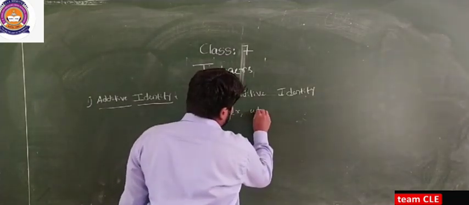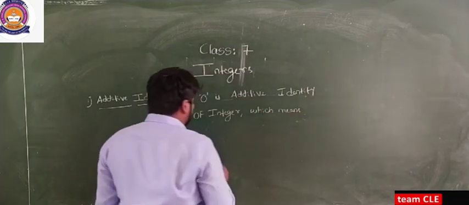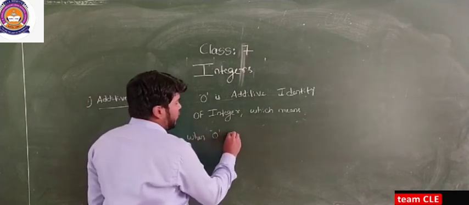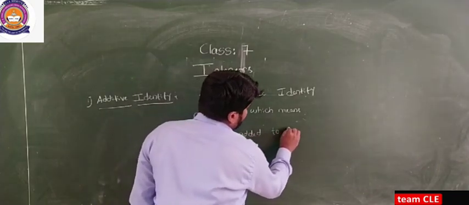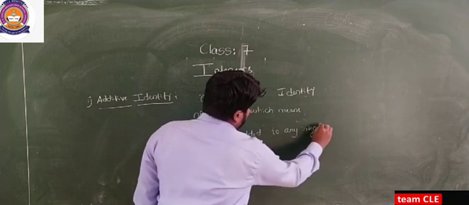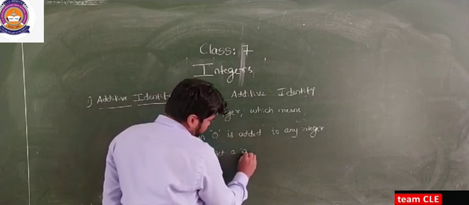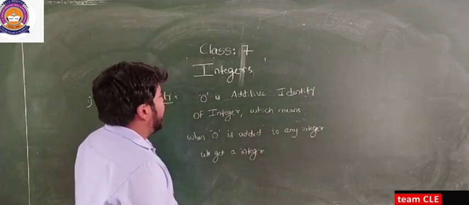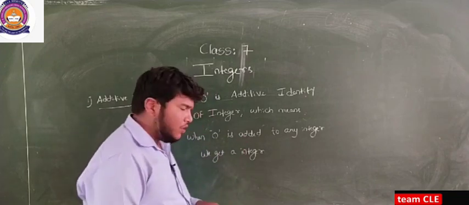Which means when 0 is added to any integer, we get an integer. So 0 is the additive identity of integers, which means when 0 is added to any integer, we get the integer.